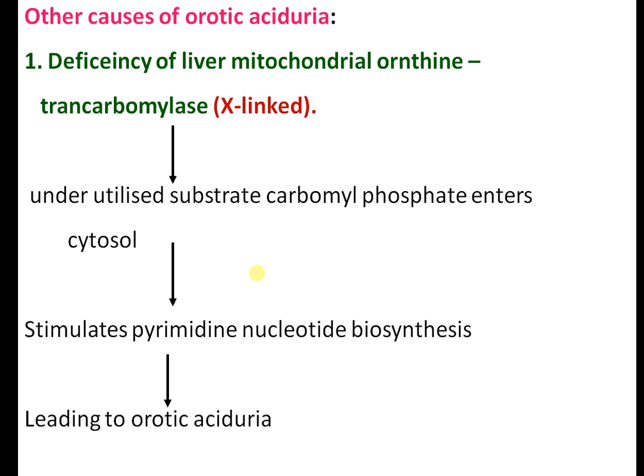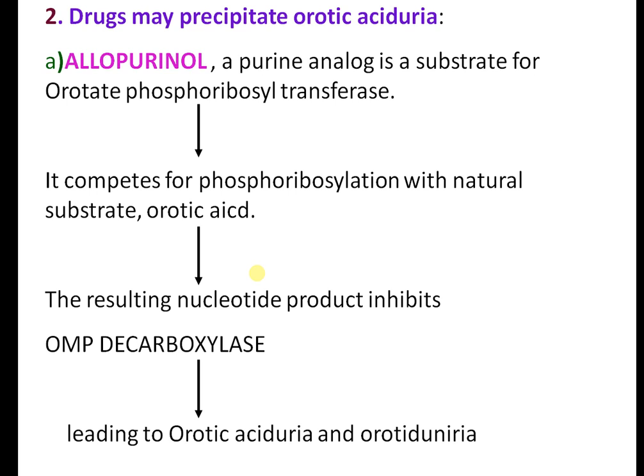Deficiency of liver mitochondrial ornithine transcarbamoylase leaves the substrate carbamoyl phosphate to enter the cytosol, where it stimulates pyrimidine nucleotide biosynthesis, leading to orotic aciduria. Drugs such as allopurinol may precipitate orotic aciduria, as it inhibits orotidylate monophosphate decarboxylase.